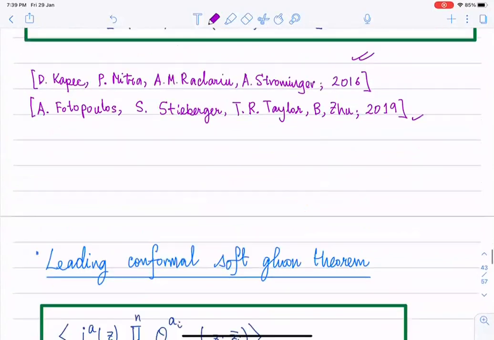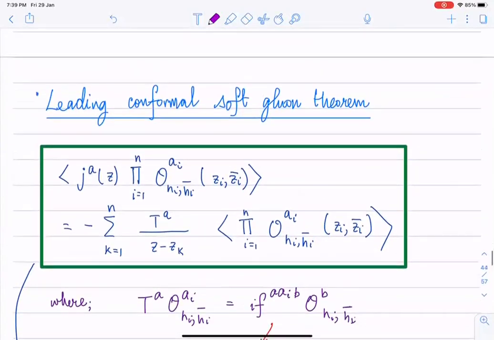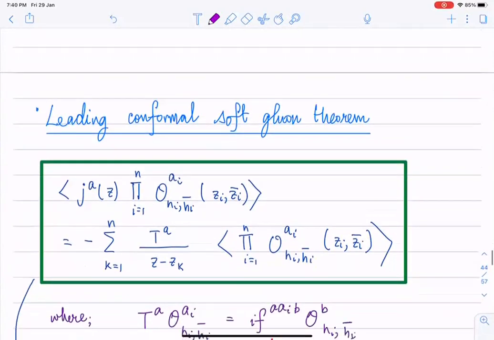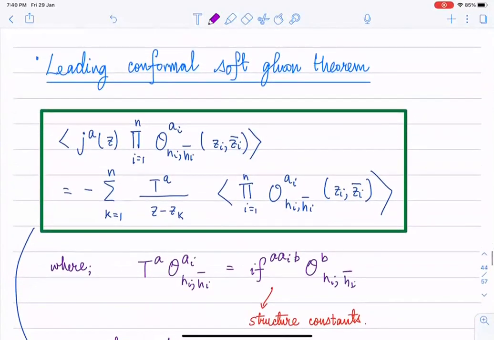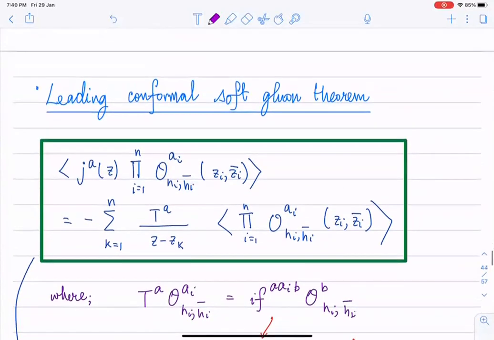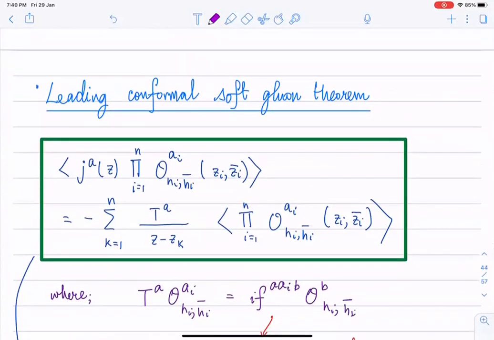But equivalently, you can also consider other massless particles, and the other natural massless particles to consider are of course photons or gluons.